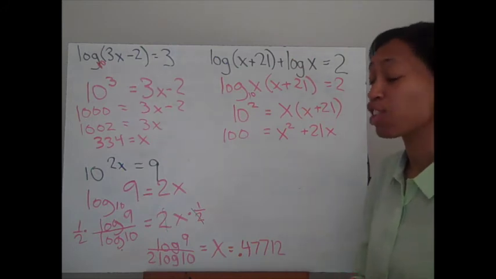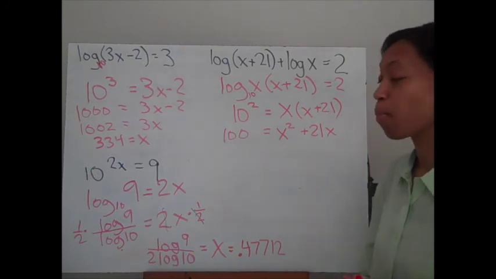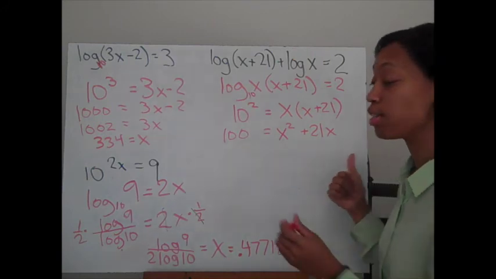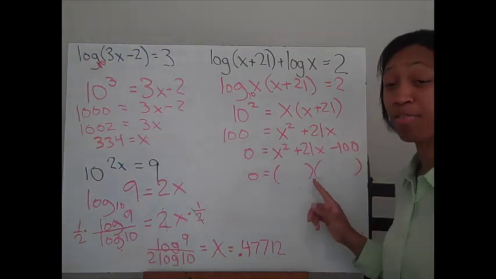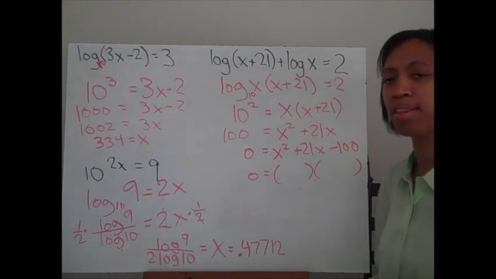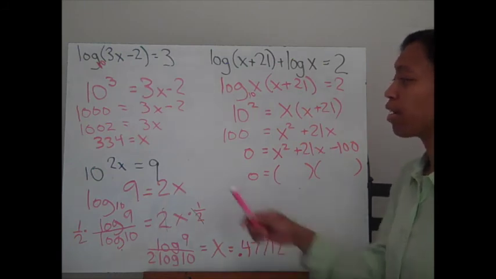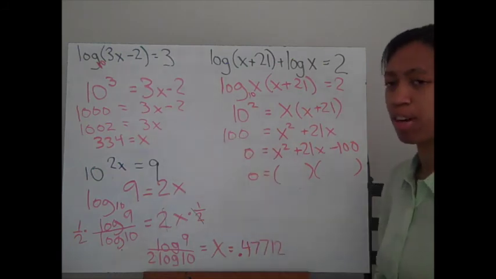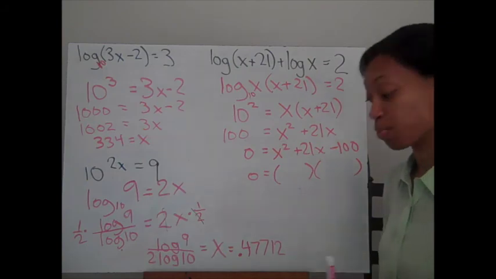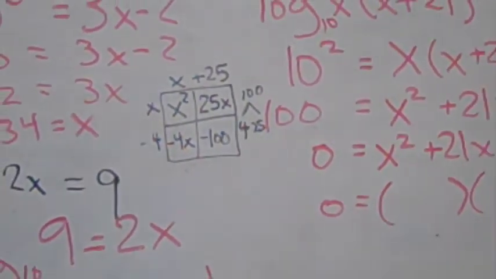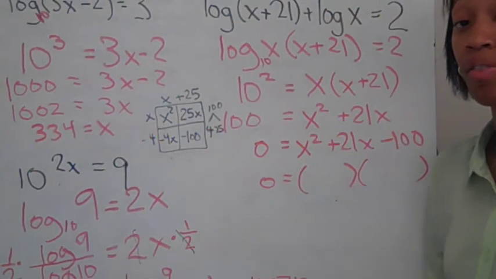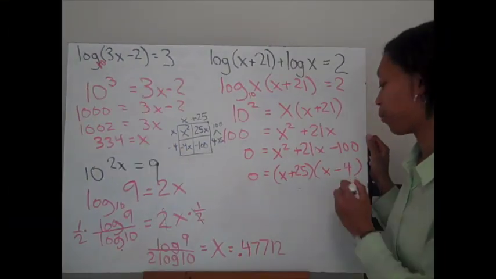So we're going to have to actually factor this one, doing our box factoring. First, make it equal to 0. And now I have to factor this into pieces. So let's come to the side and do our box factoring, and figure out what that would factor into. It looks like this factors into x plus 25 and x minus 4.